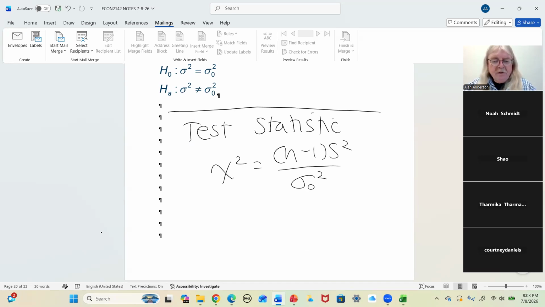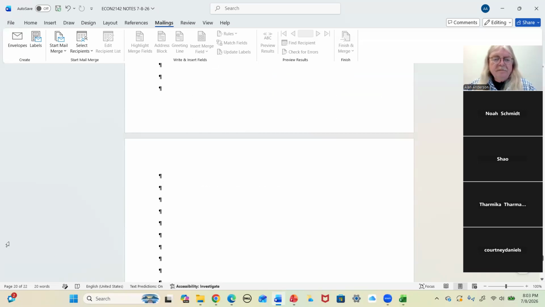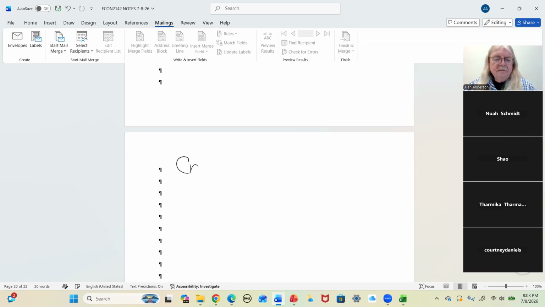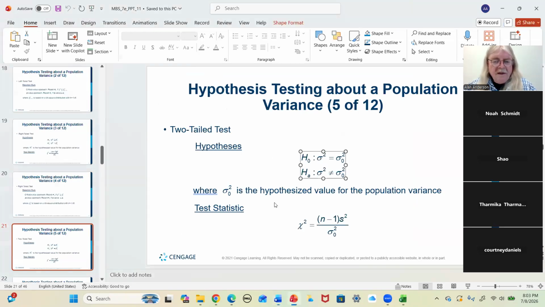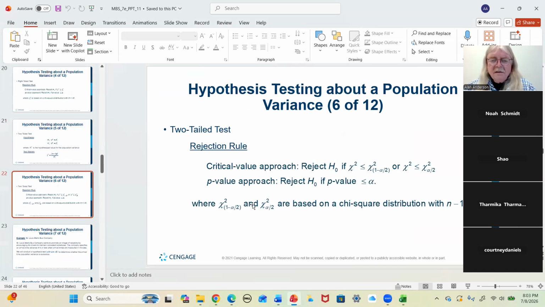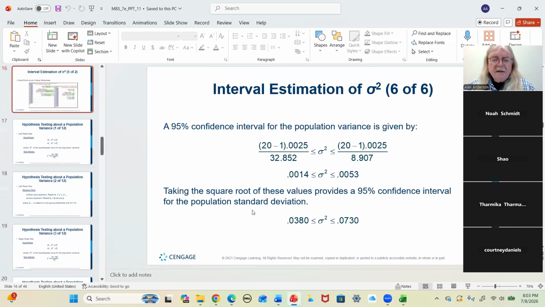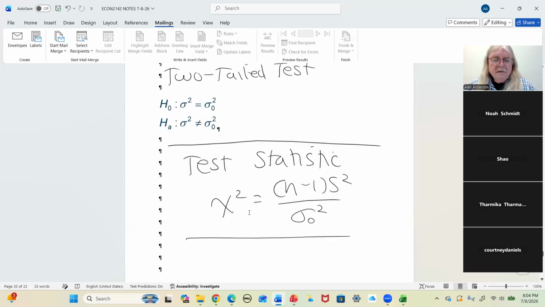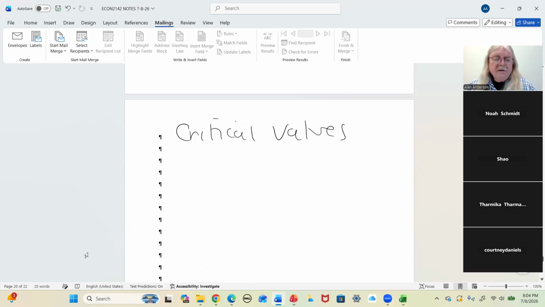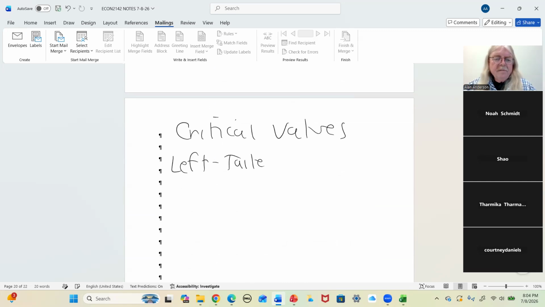And also, we don't forget about the critical values. So for the left-tailed test, now it's easy to get tricked with this.